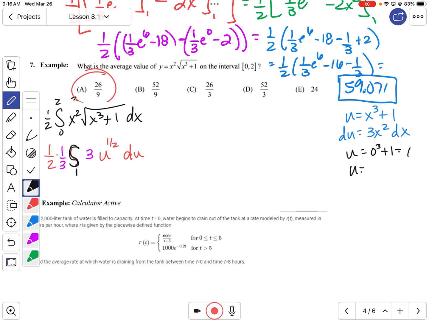I plug in 2 cubed plus 1 gives me 9. Now I'm left with 1/6 u to the 3/2, and we're going to evaluate it from 1 to 9.